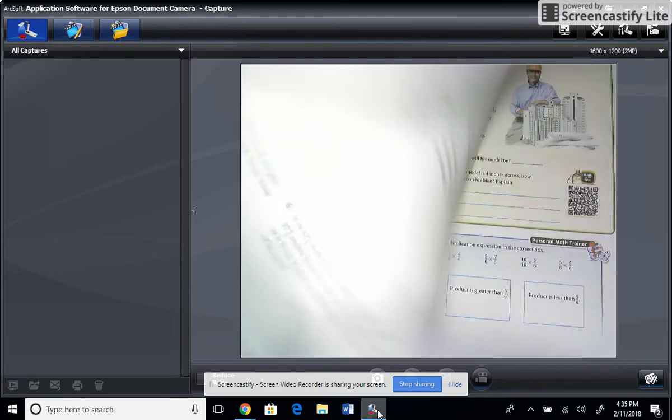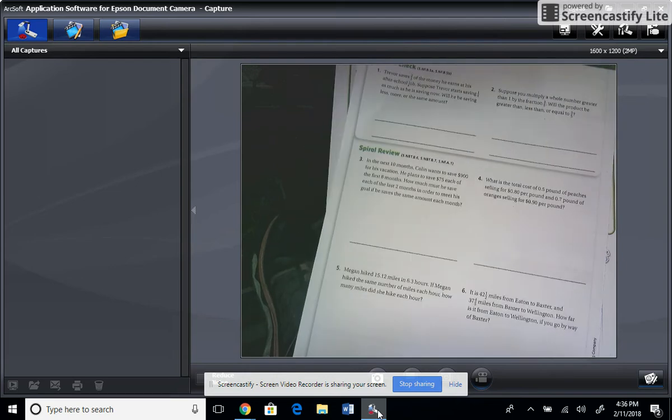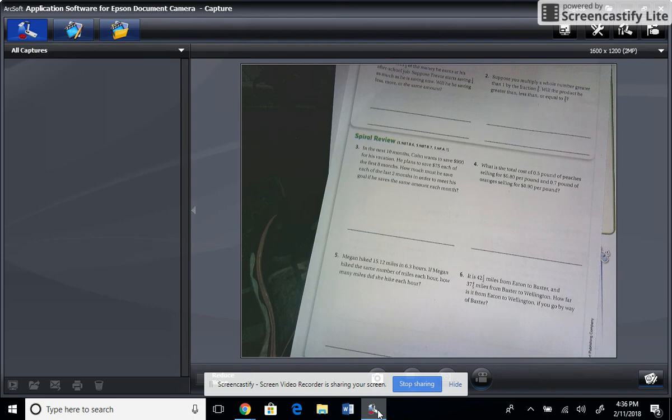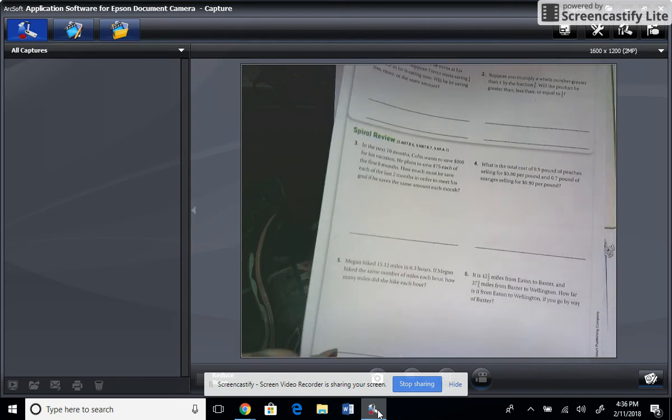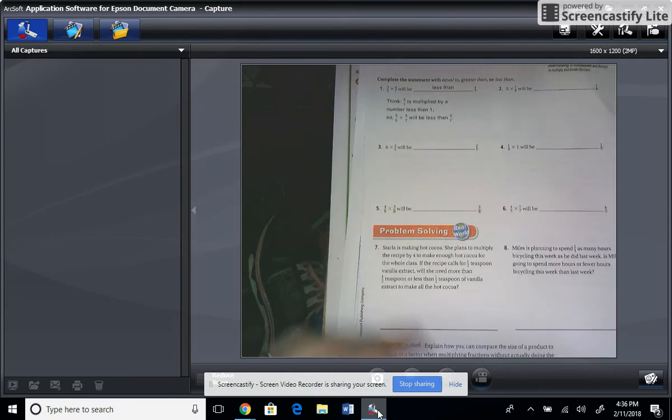If I'm doing a fraction times a factor, it will always be less than the factors. But if I'm doing 5 of these 7/8, it's always going to be greater than. Whenever I'm doing it times 1, it's the identity property, and it will be equal to, the same as.